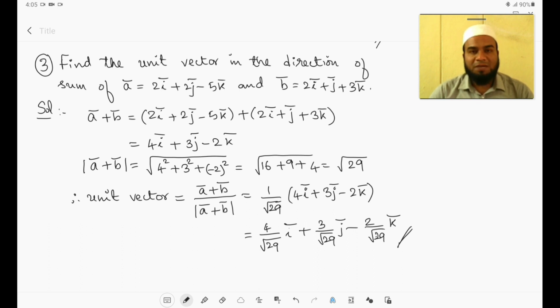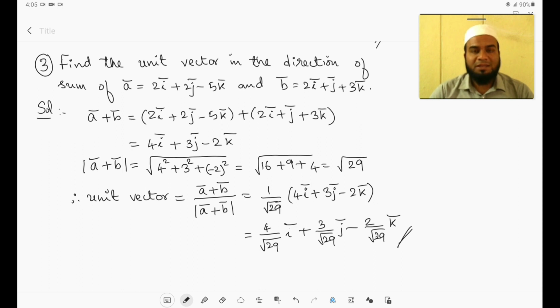The next topic that we are going to cover is how two vectors can be multiplied. There are two ways of multiplication of vectors. First way is dot product, that is also called scalar product. Another way is cross product. Cross product is not used in unit 5 of Mathematics 1, so we are not covering the cross product in this bridge course.